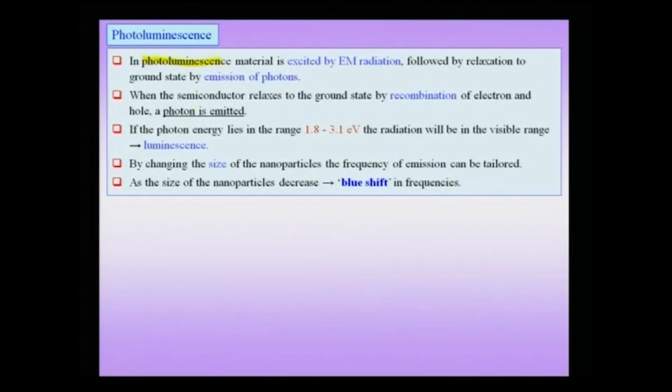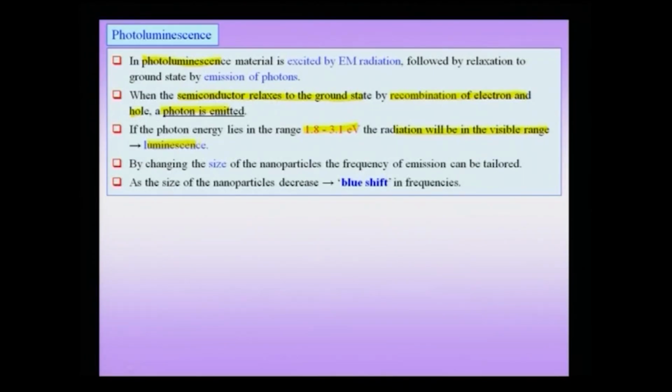And when this relaxation in a semiconductor takes place by recombination of electron and hole, the photon is emitted, and if this emitted photon's energy lies in the range of about 1.8 to 3.1 electron volts, then the radiation will be in the visible range, and often this phenomenon is called luminescence.